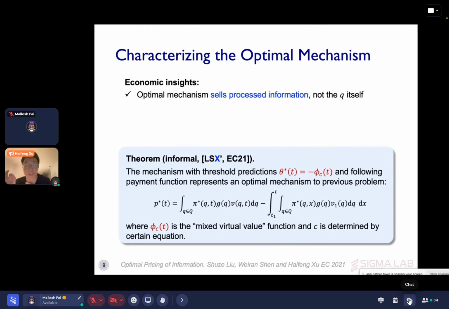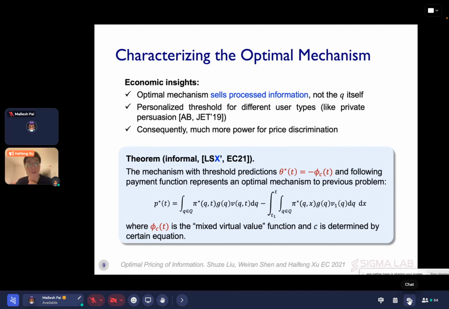It never reveals Q directly to you, but only sells you processed information. It's like a threshold test telling you whether your Q passed some threshold or not. And moreover, this threshold is personalized. For different user types the threshold is different, in order to account for the different risk levels that the buyer can take.